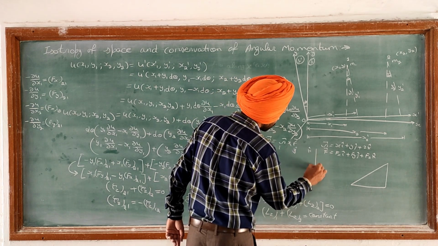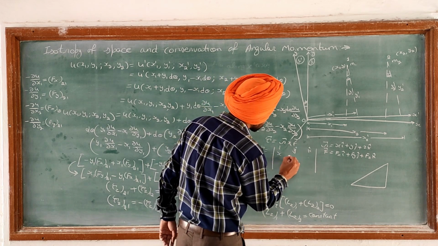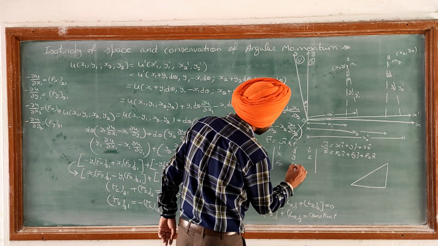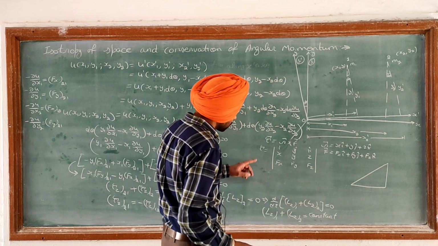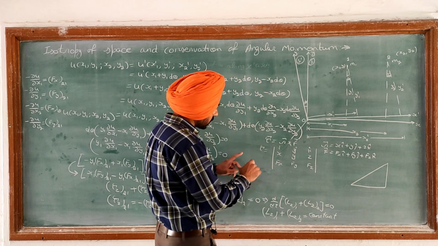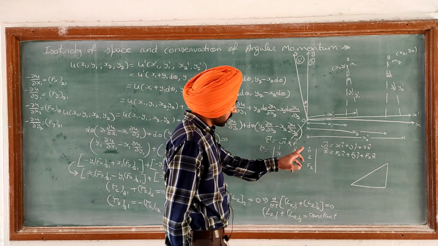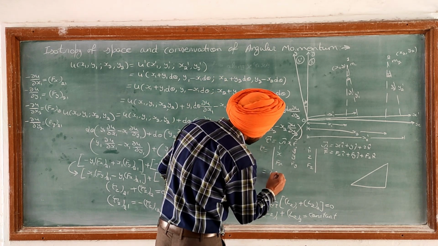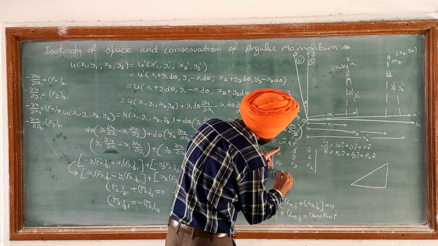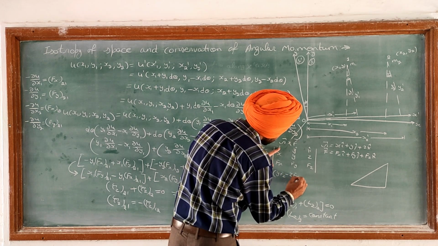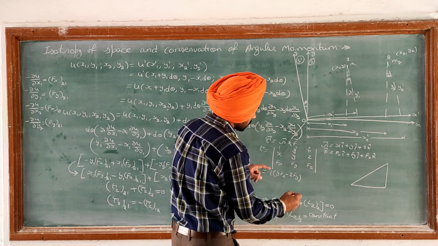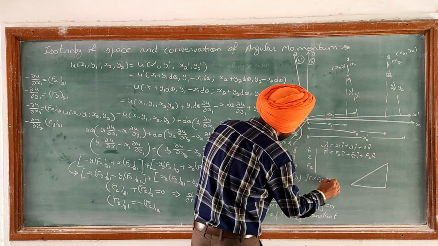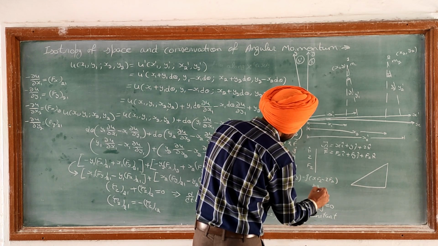You know how to write the cross product. So along i cap it is y fz minus z fy, from these two terms. Minus j cap, it is x fz minus z fx, plus k cap.